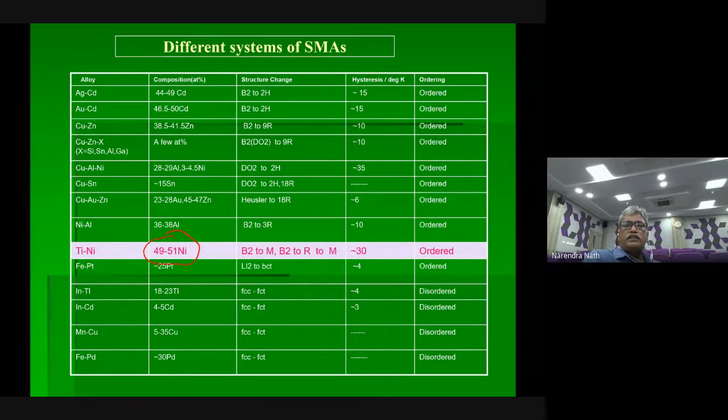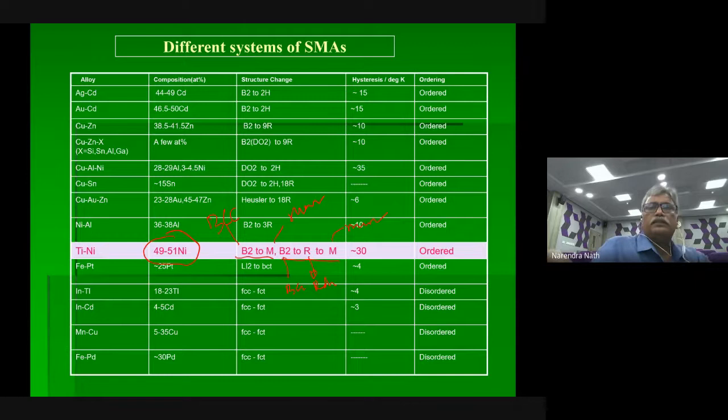And structural change, see here, that means mechanism. There are two routes here. One is B2, which is nothing but BCC, austenite to martensite. Whereas this one is BCC via rhombohedral shape, one more phase, then it goes to martensite.